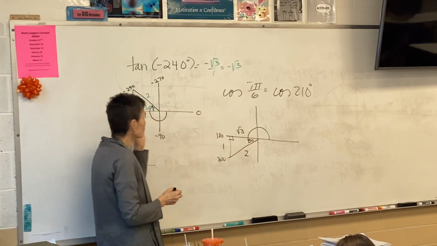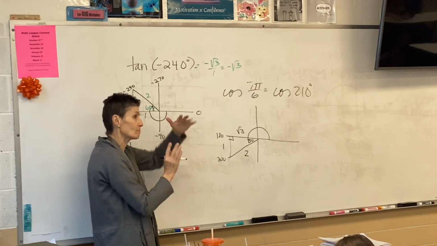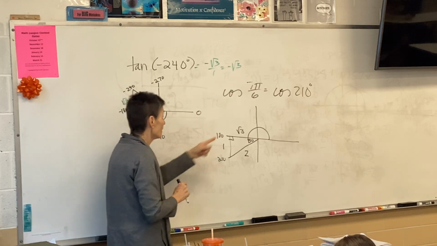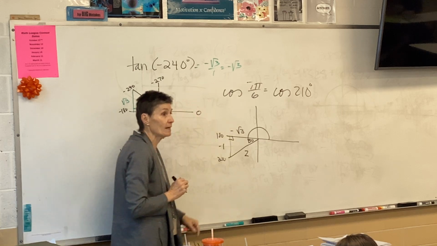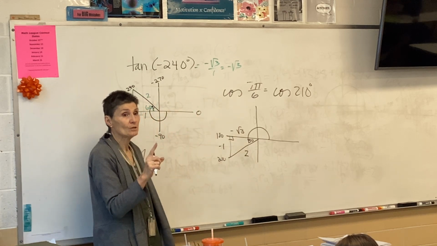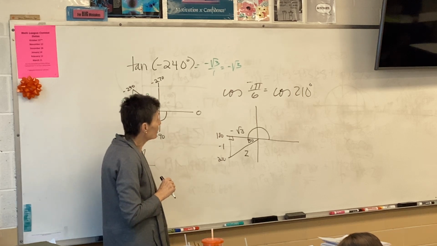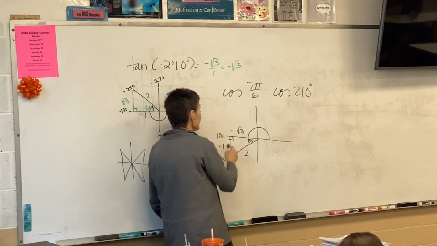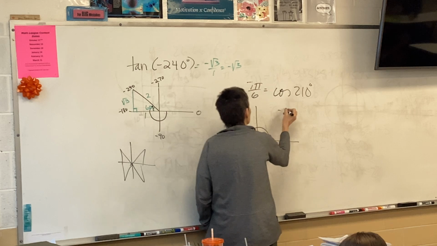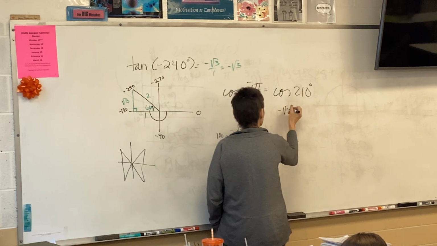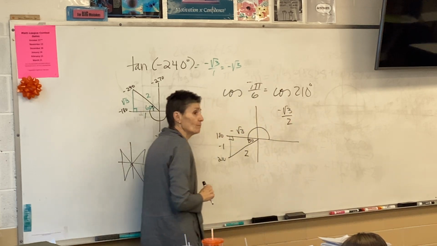It's the same triangle we had over here, just situated differently. Actually, they're both negative, aren't they? Hypotenuse, always positive. Okay, I want cosine. Cosine is adjacent over hypotenuse. So I got negative root 3 over 2.